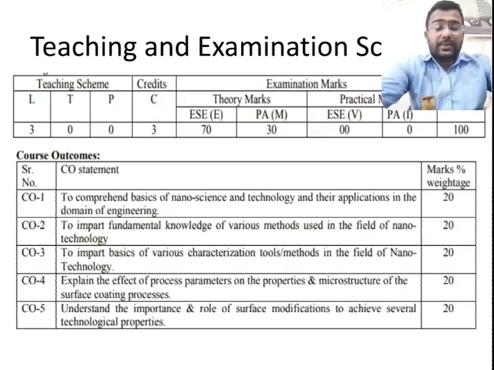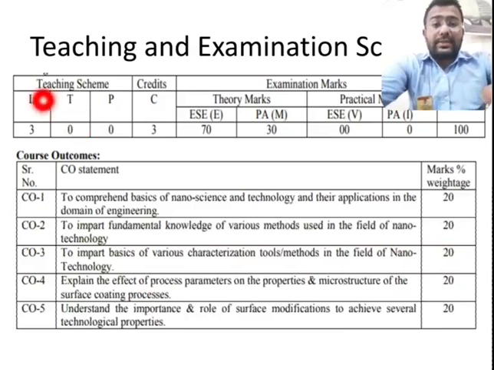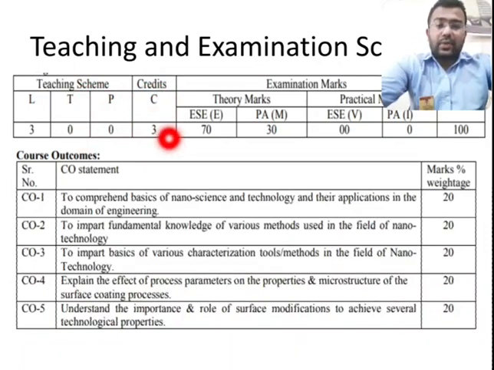Let's start our subject with the teaching scheme and examination scheme. As per the teaching scheme, there are 3 lectures per week, no tutorial in a week, or no practical in this subject. So the credit of this subject is 3. That means there is no viva or no practical exam of NSC.